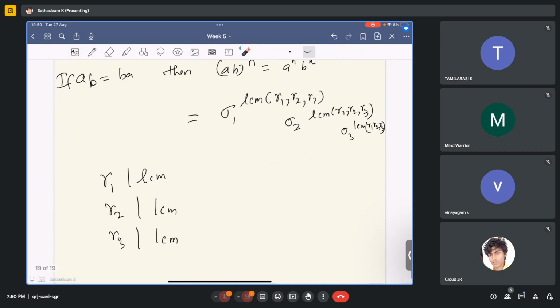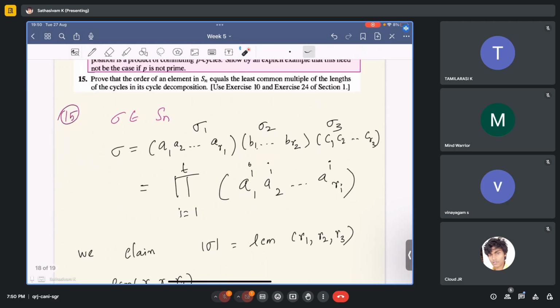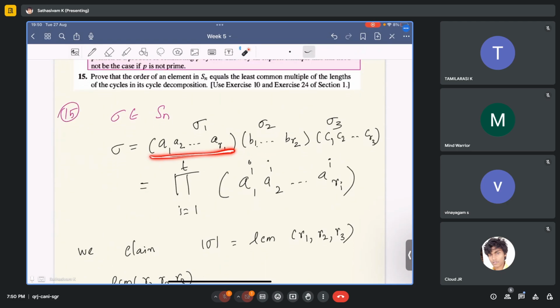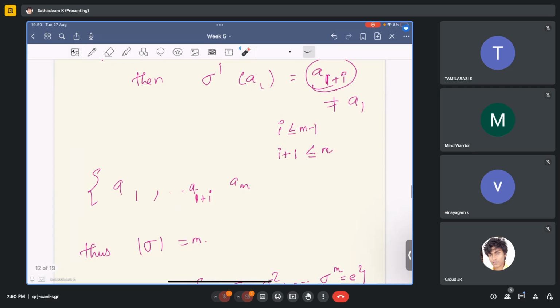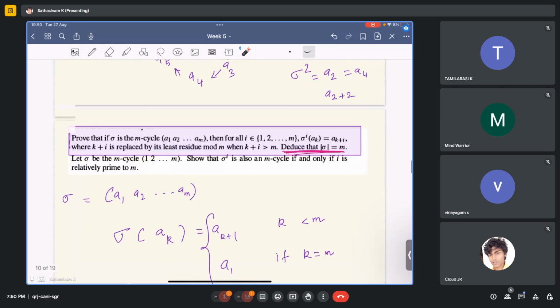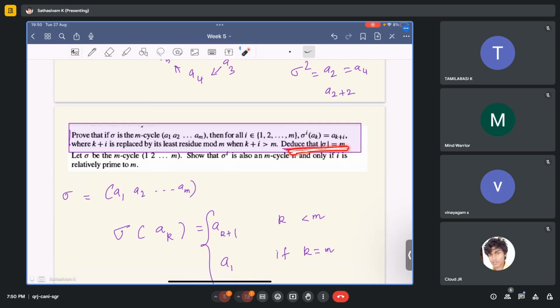So what is the order of sigma 1? You look here, this is an R1 cycle. So the order of this is basically R1. This also we have proved before.